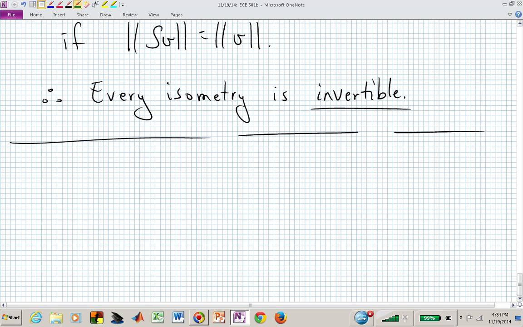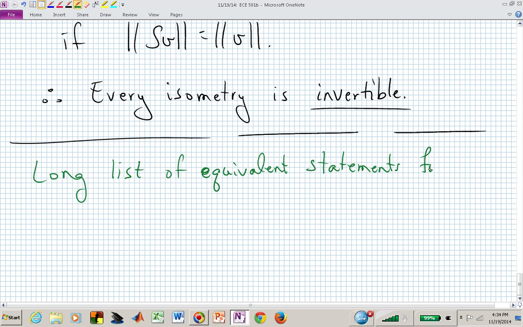Consistent with that one theorem or proposition that had all of these equivalent statements, A through E, we can do the same thing for these isometries. We can start showing a long list of equivalences when we have some map that's an isometry. A long list of equivalent statements for isometries.